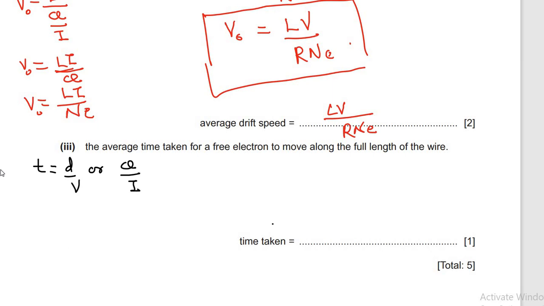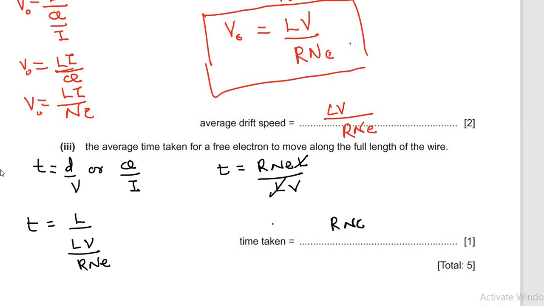So the distance here is L, and velocity is what we obtained before, LV over RNE. So the time will be RNE L over LV. L cancels L. So the time is RNE over voltage. That's the time.